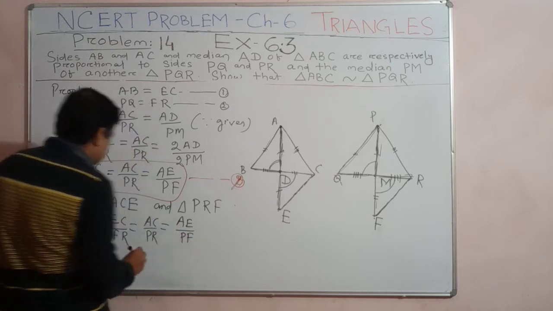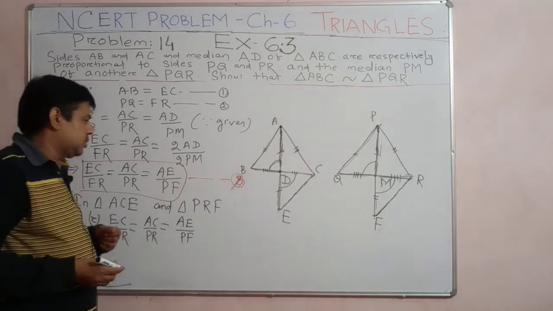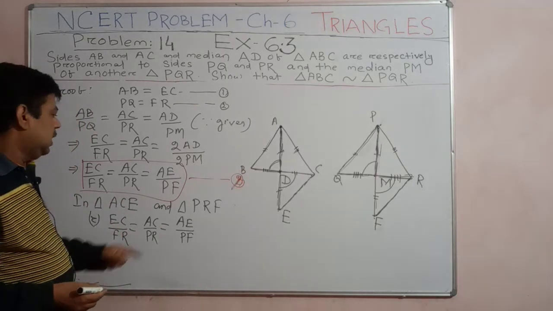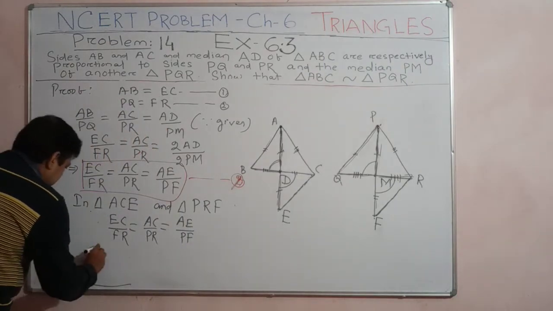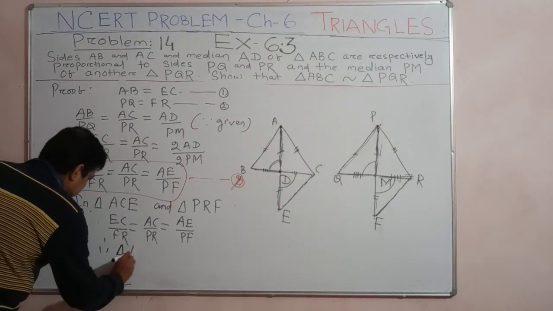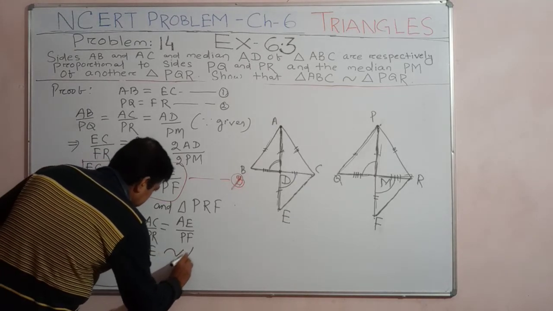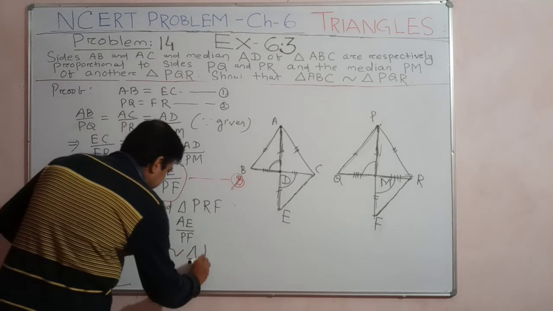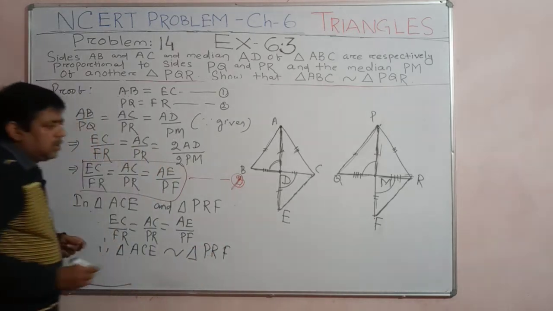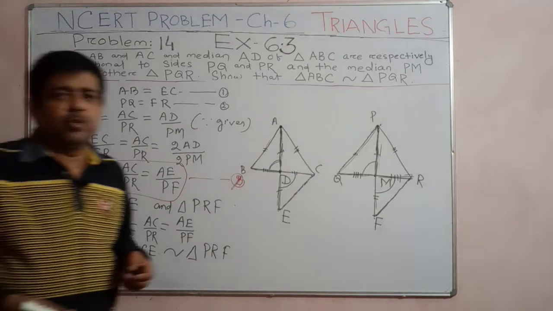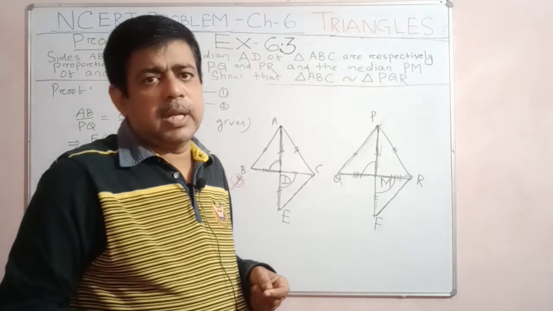Since the ratios of the corresponding sides of triangle ACE and triangle PRF are equal, we can clearly understand that triangle ACE is similar to triangle PRF. Since the ratios of the corresponding sides of the two triangles are equal, the triangles are similar.